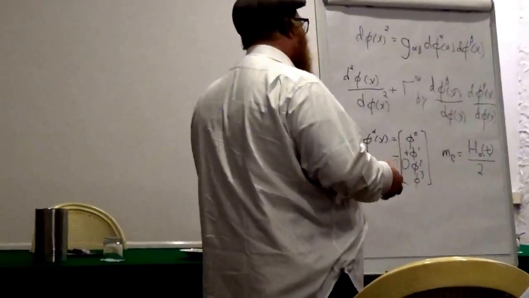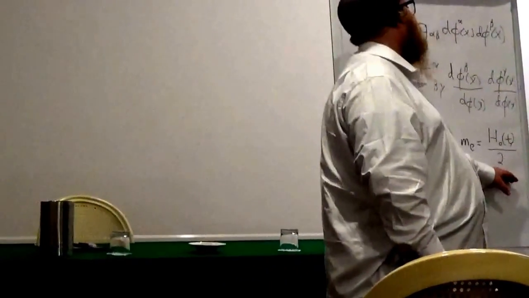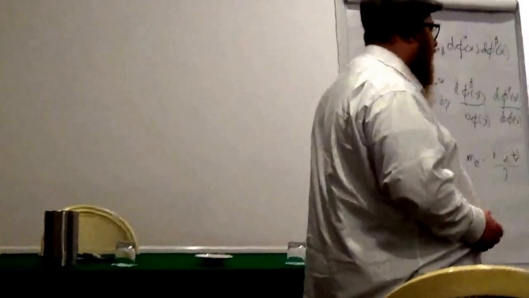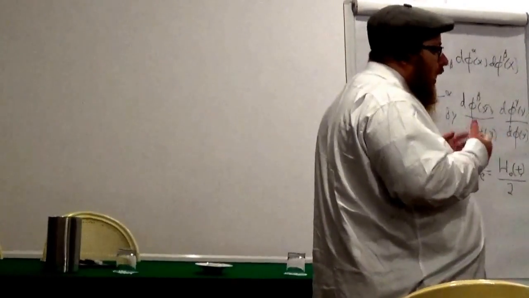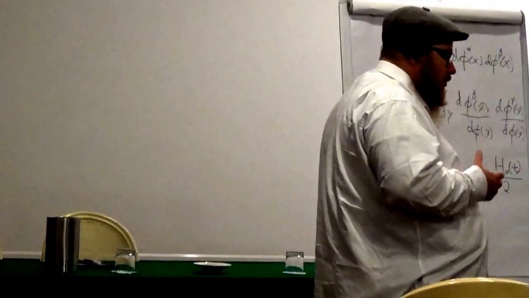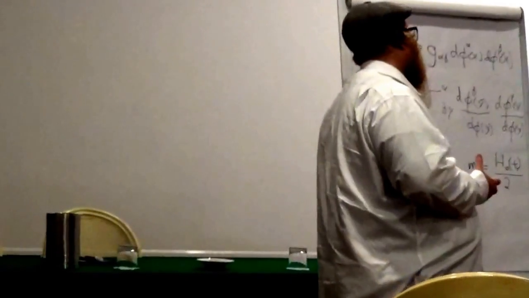So hopefully, if we can establish this as correct, then we can get a much more precise cosmology. And I'm hoping that basically this will make a huge step forward in getting a genuine quantum cosmology.